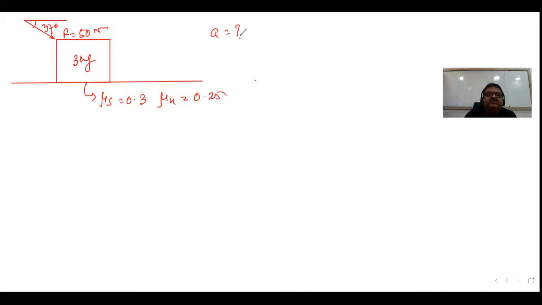For that, we have to split this into two components. This is 50 cos 37. So we can write Fx equal to 50 cos 37 degrees, and that is equal to 4 by 5, which is nothing but 40 Newton.